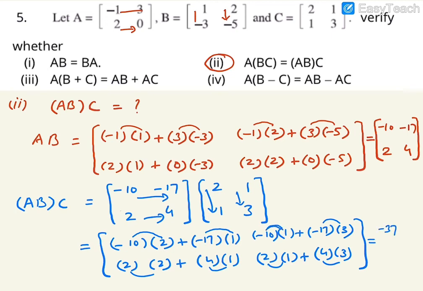Minus 10 and minus 51 will be minus 61. 2 times 2 is 4, 4 times 1 is 4, 4 plus 4 is 8. 2 times 2 plus 4 times 3, 12, 12 plus 2 is 14.